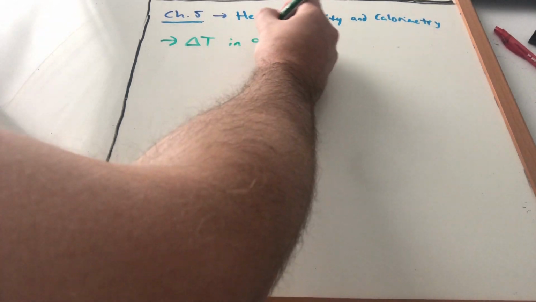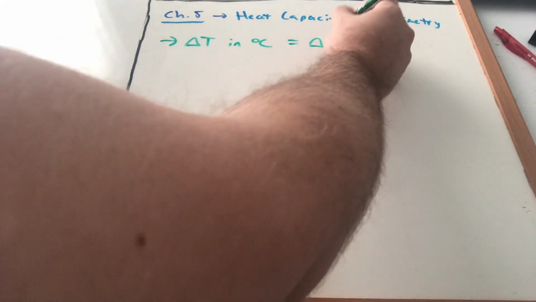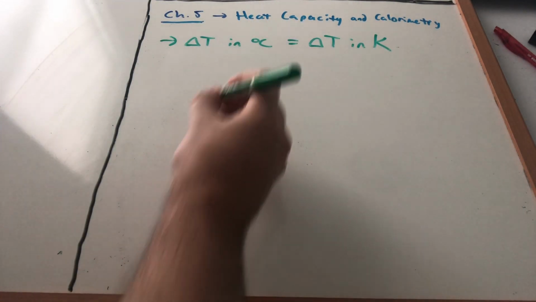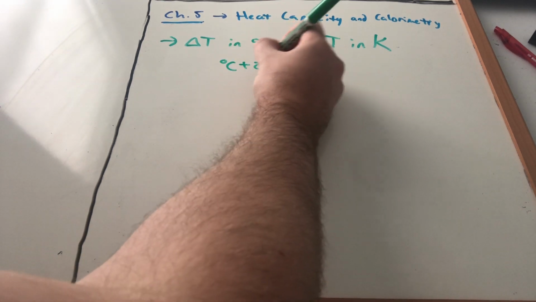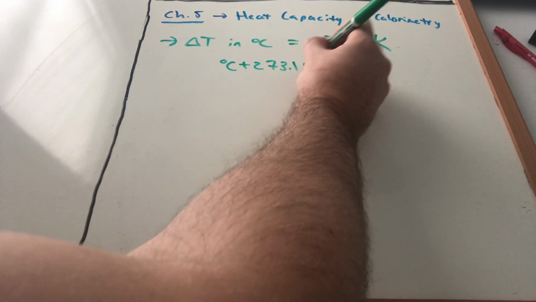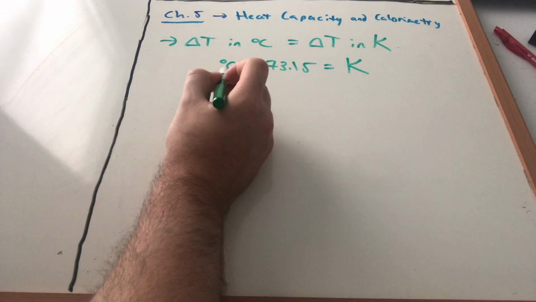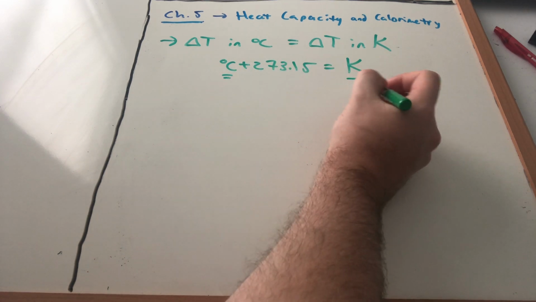Delta T in degrees Celsius is equal to delta T in Kelvin. Now remember from earlier in the semester, degrees Celsius, you have to take it and add 273.15 to get Kelvin, okay? So this tells me that degrees Celsius is definitely not equal to Kelvin.